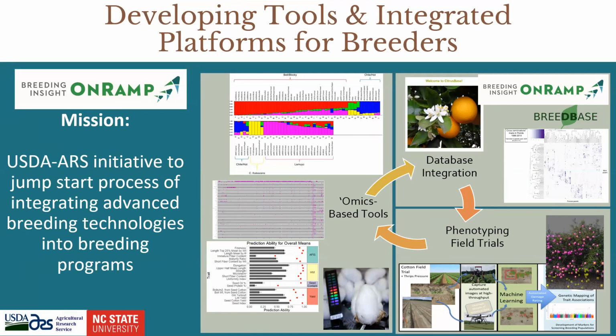So we have started working on developing databases built on the breed-based backbone, working with Breeding Insight to support our commodities that we have been collaborating with. As I mentioned, I'm currently sitting outside Orlando, working with the Fort Pierce unit with USDA that's working on building citrus.